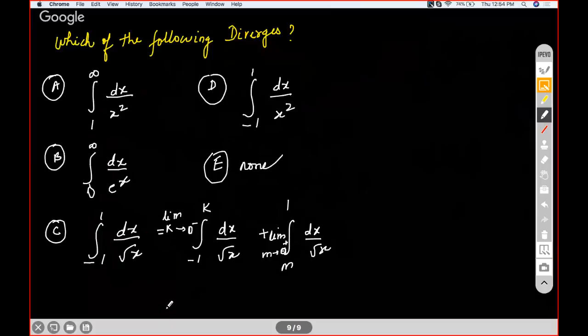So that's 1 only. You can evaluate this actually. You don't have to use any rule for this.